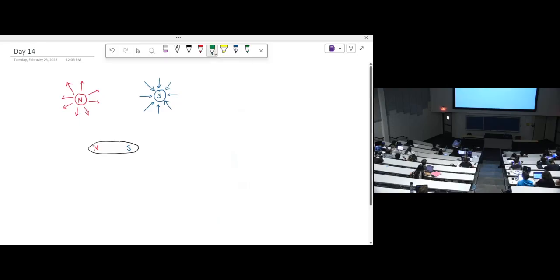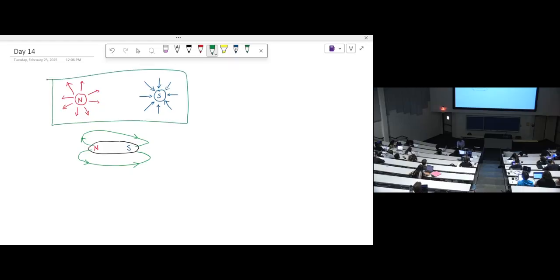What you get is something like this right here, where the magnetic field loops in on itself, going out of the north pole of the magnet and into the south pole of the magnet. And this, confusingly, is how a lot of your textbooks tend to draw a bar magnet the first time you ever see it.